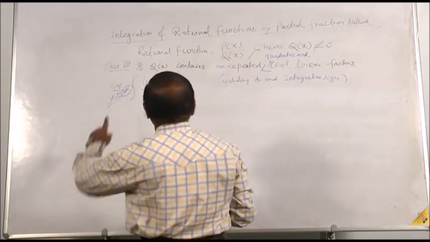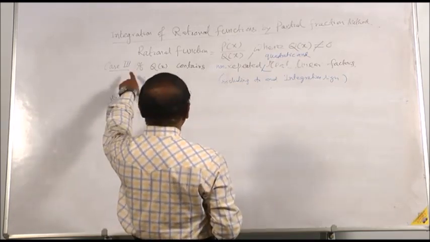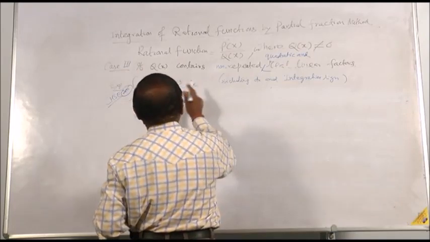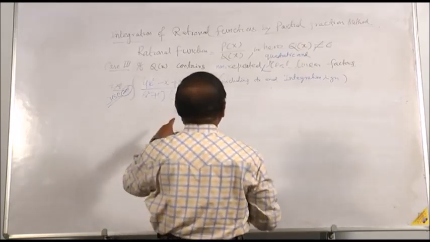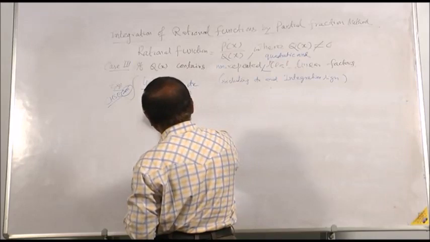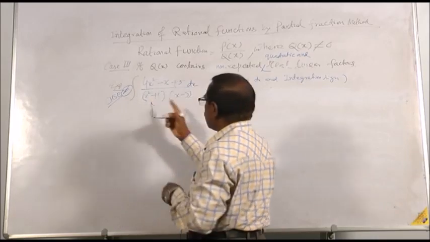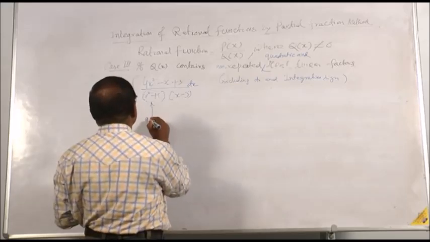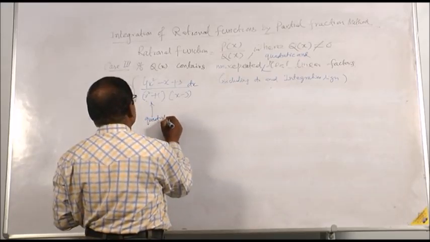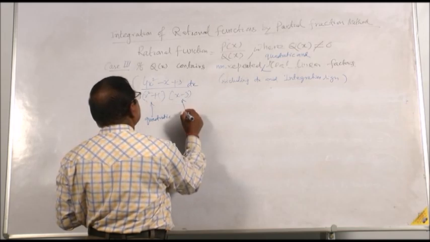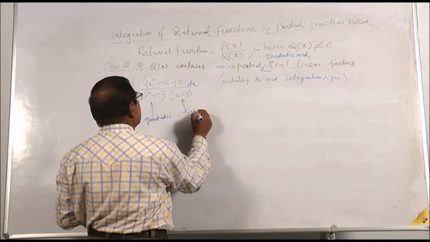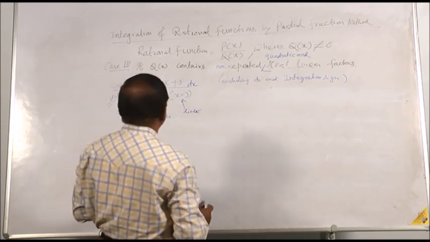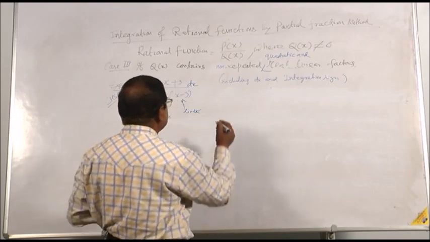You see here this problem comes under case 3. Why? Because this is non-repeated, this is a quadratic factor, because the power of the unknown x is 2 here, and this is linear. So how will we proceed?